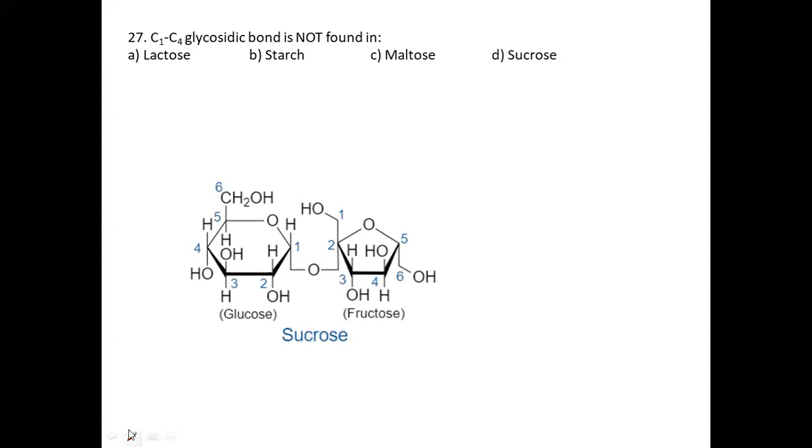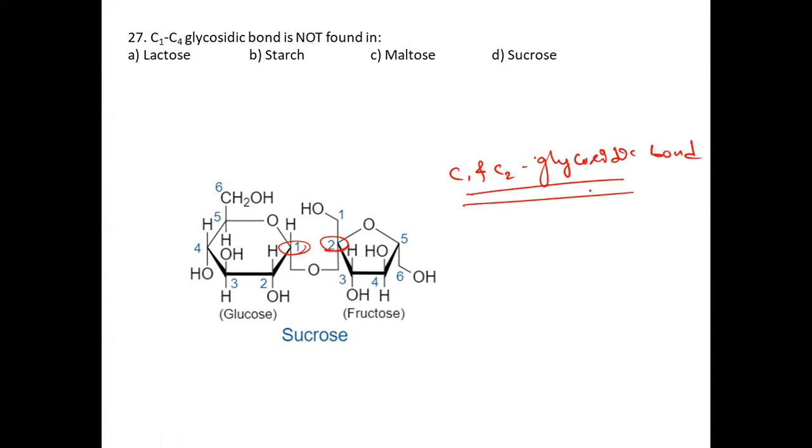27. C1C4 glycosidic bond is not found in. We know that if you consider sucrose, we have a C1 and C2 glycosidic bond or glycosidic linkage, but not C1C4.